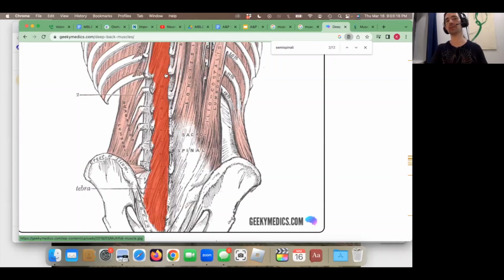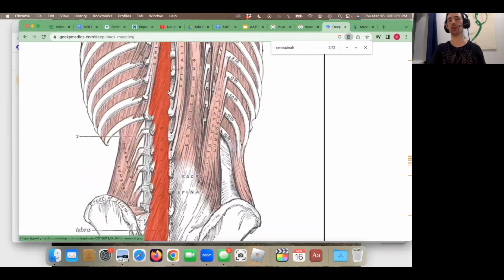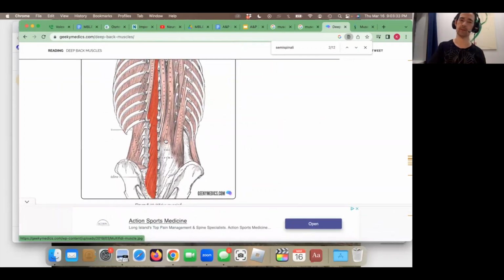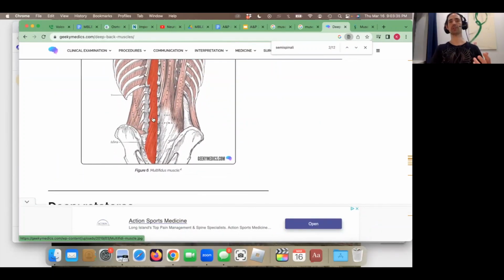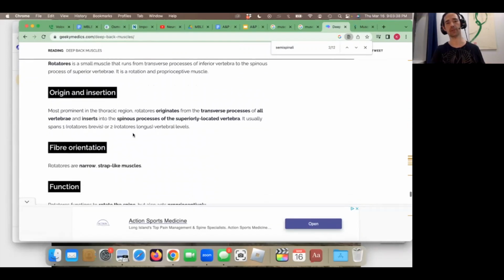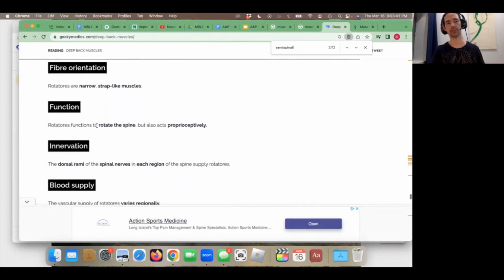You can imagine that it would pull this way. It would pull the vertebral column in a left curve, so side bending to the left. So the left multifidus contracts to the left side in this case. And also there's some extension and some rotation. And then the rotatores function to rotate the spine.